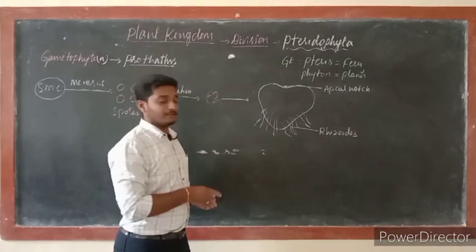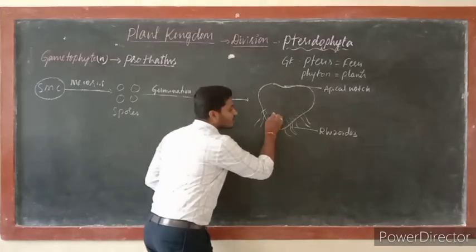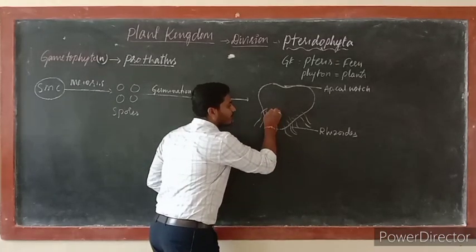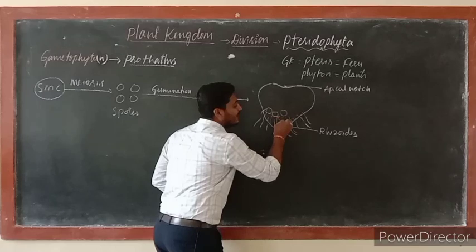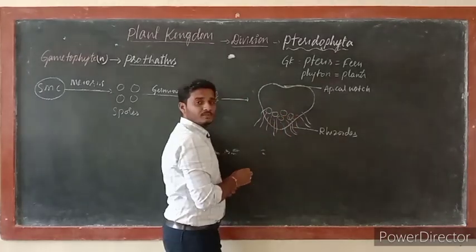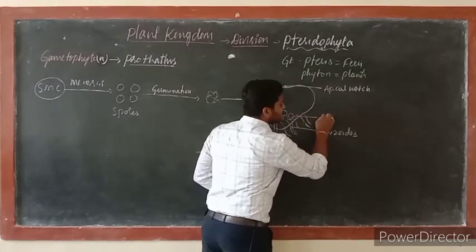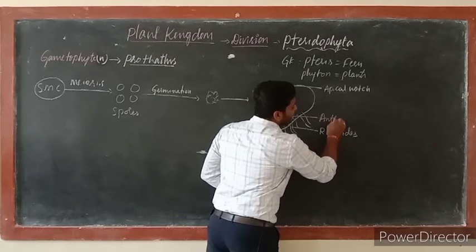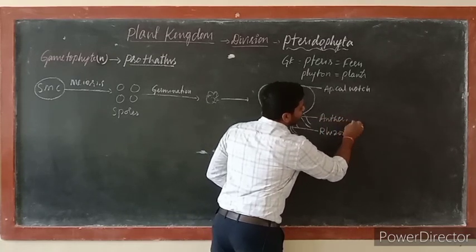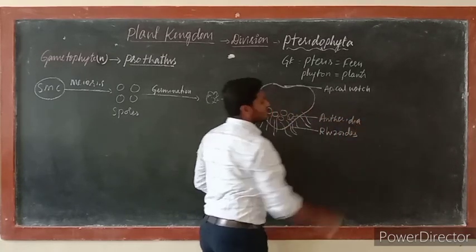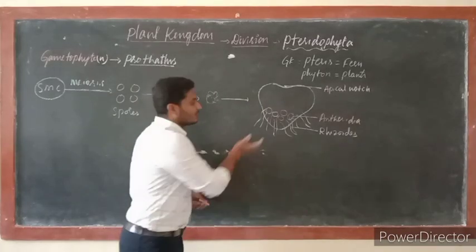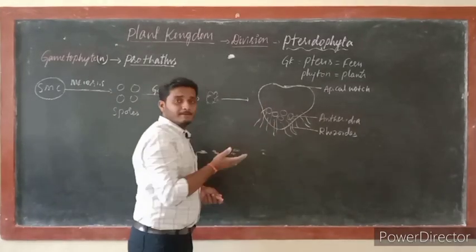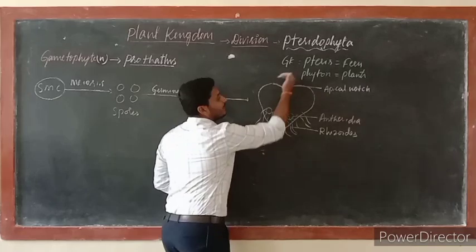Rhizoids are unicellular, and between these rhizoids there is formation of the male reproductive structure. The male reproductive structure is called antheridia, which is formed towards the lower surface.